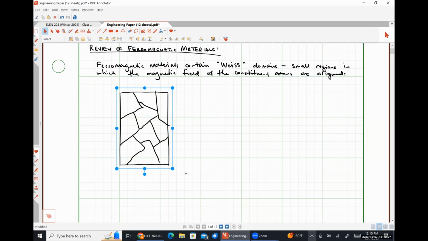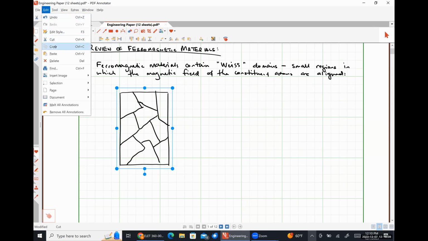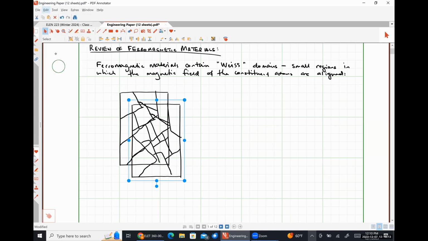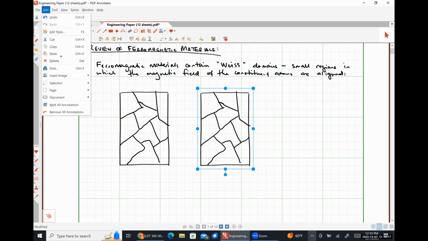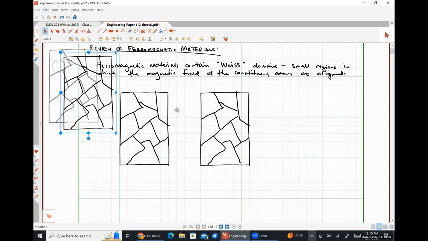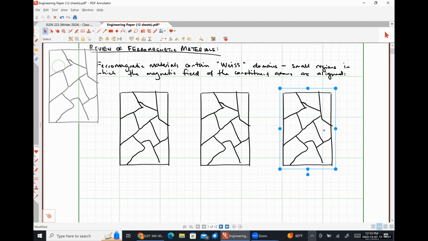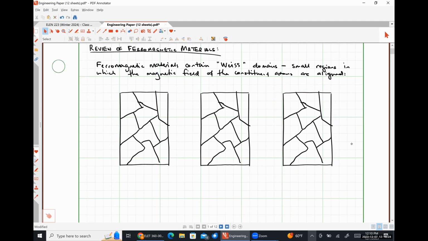Make a copy of this. And paste. Copy right here. And then paste another copy over here to the right. All right, so these boundaries that I've attempted to draw here are something similar to what the Weiss domains in a crystal might look like.